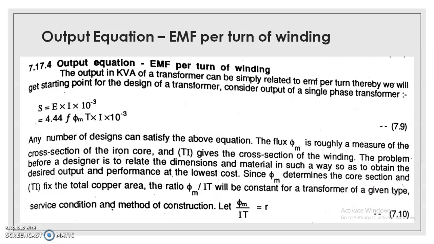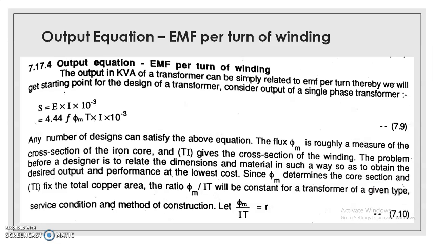There is a big challenge for a designer to design the transformer with well-proportioned dimensions and with a lesser amount of material, to reduce the cost and to improve the performance.